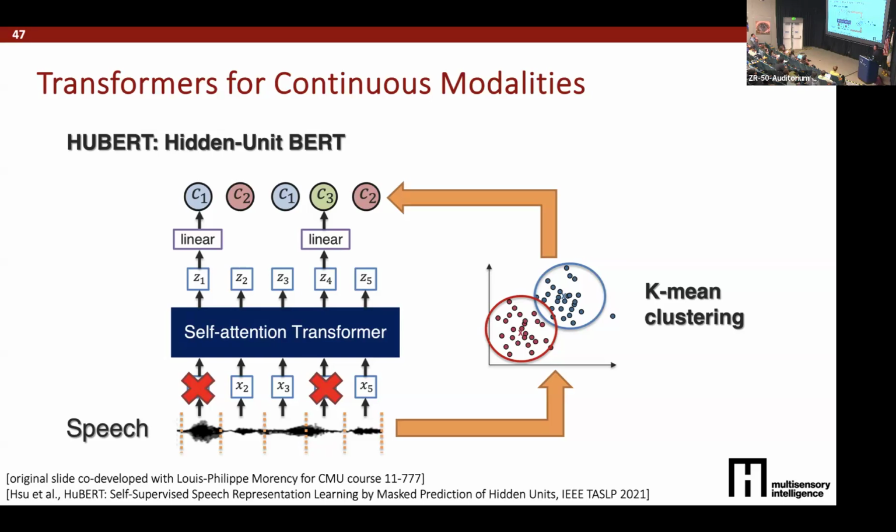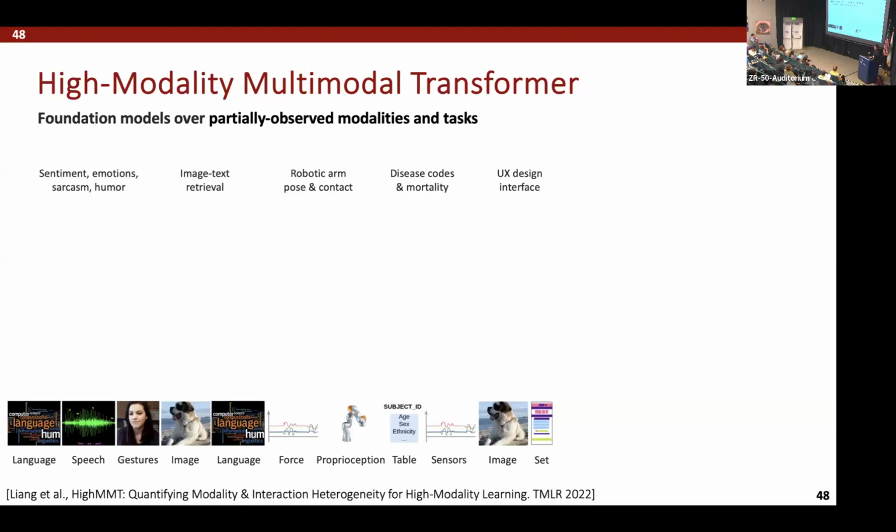So classification is always easier as a training objective than regression. So transformers, and especially multimodal transformers, can also be extended to continuous modalities. And based on all of that work, we also developed what we call high modality multimodal transformers, essentially multimodal transformers for everything.